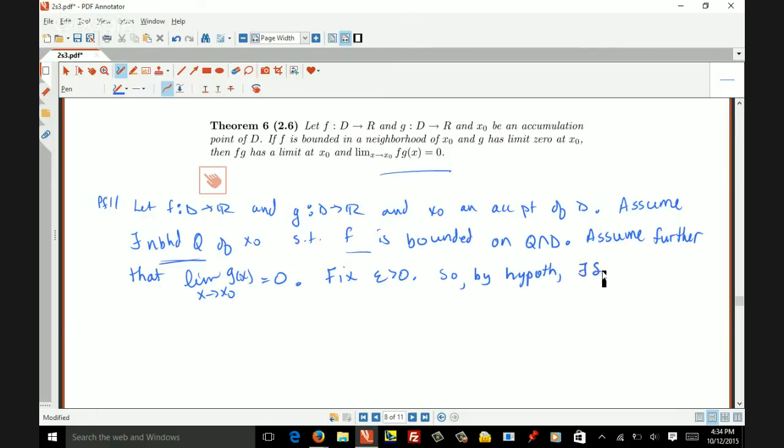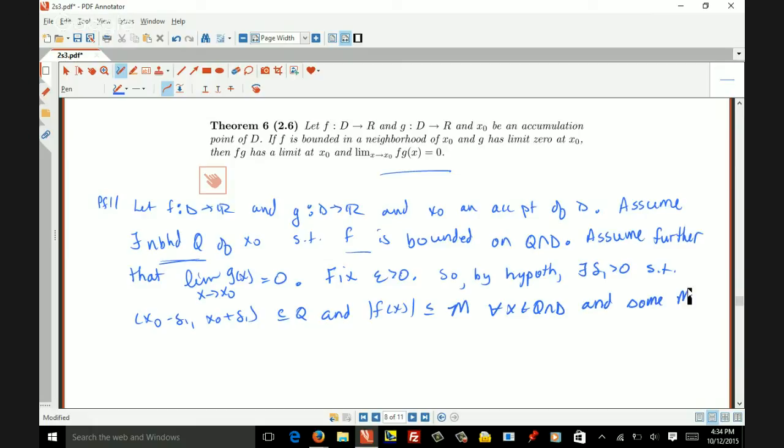I know there exists a delta 1 greater than 0 such that (x naught minus delta 1, x naught plus delta 1) is a subset of Q, and the absolute value of f of x is less than or equal to some M for all x in Q intersected with D and some M in the positive reals. That's what it means to be bounded, smaller than some positive value.